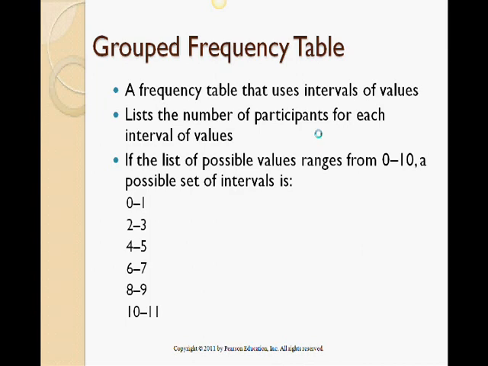Now, if we use the same process we used before to develop a frequency table, we would have 120 different values, and we'd have a very long frequency table. So in situations like that, it may be better to group the variables using intervals.